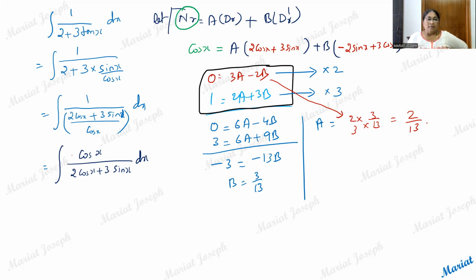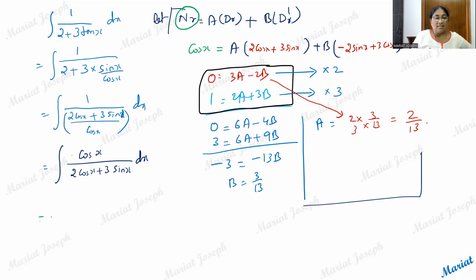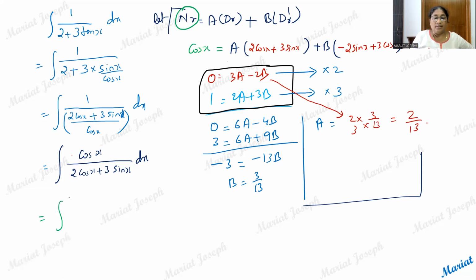Then, why did we do all these? After completing this side work, how do we change it now? We change the integration. The numerator cos x is now going to be written as A into, what is the A? 2 by 13 into denominator plus 3 by 13 into denominator's derivative.